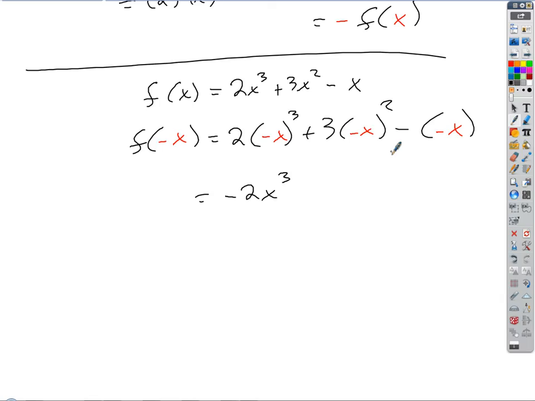So negative x squared is just going to be negative 1 squared times x squared. What's that part? What's negative x quantity squared? Just plain old x squared, right? Because any negative number to an even power is positive, right? Okay, so that's going to give me plus 3 times x squared.